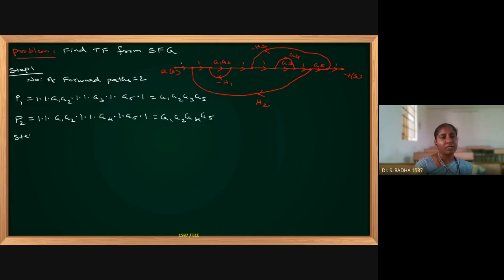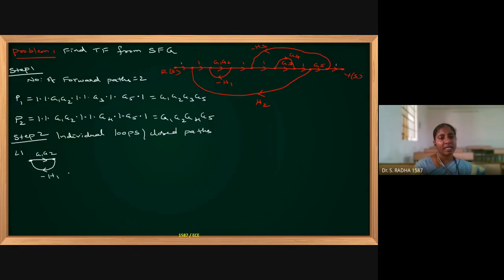Now coming to step number 2, individual loops. Any closed paths are there? Loops means closed path. So if you see here, first loop I will try. I can take like this, G1, G2, coming back with minus H1.